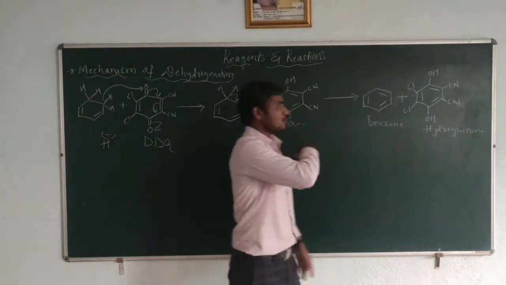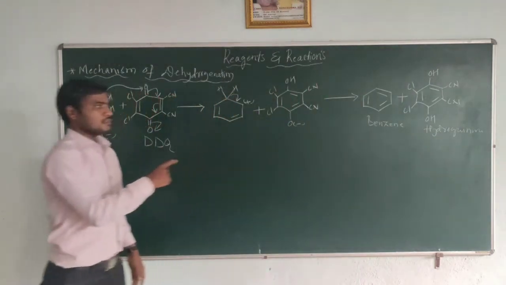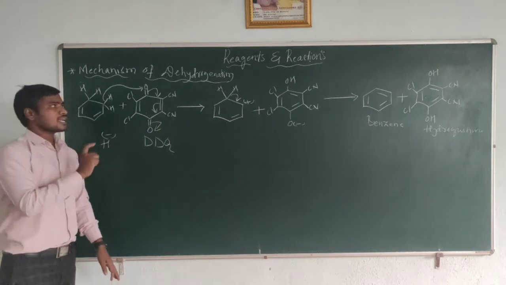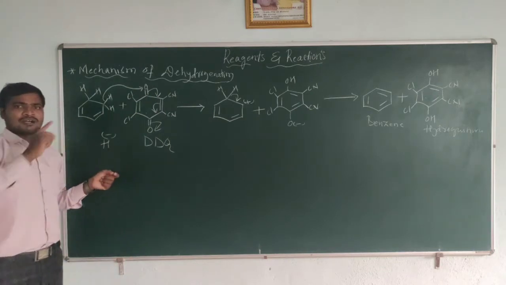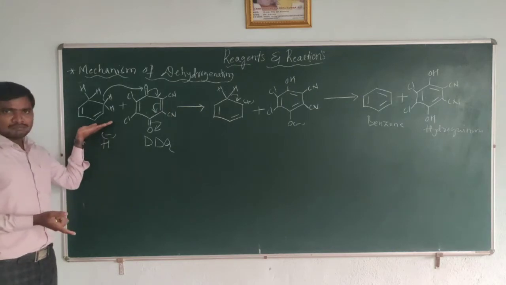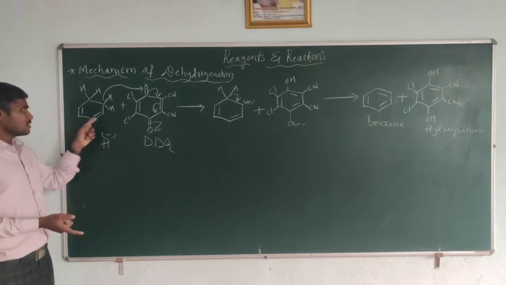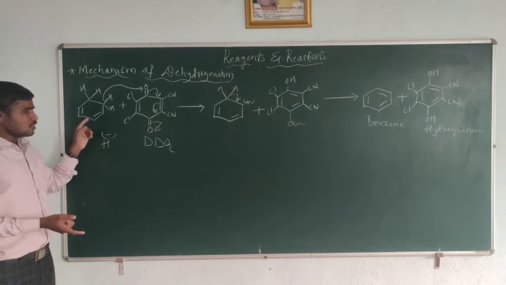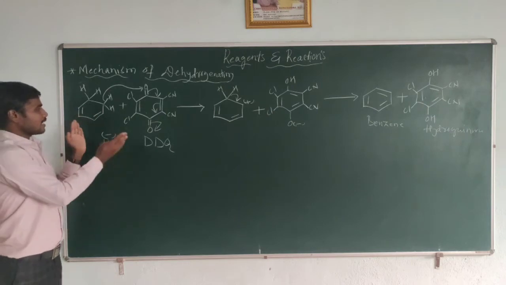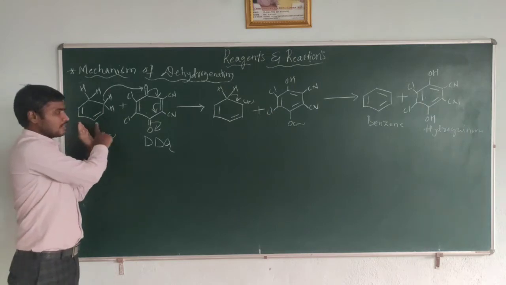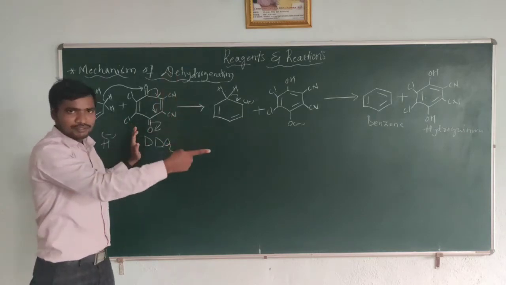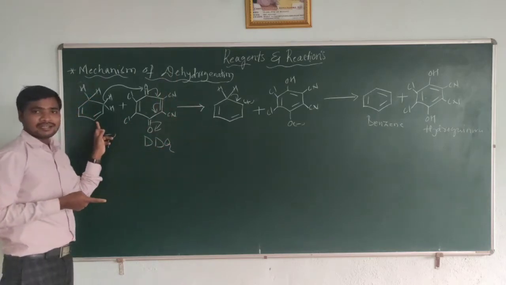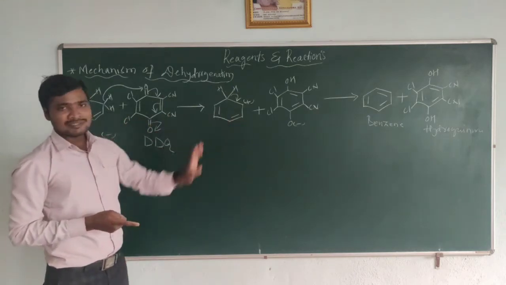This is the mechanism of dehydrogenation. Dehydrogenation is nothing but the removal of hydrogen molecule from the reactant molecule. Here the reactant molecule is cyclohexadiene. After the reaction between cyclohexadiene and DDQ, DDQ converts into hydroquinone and cyclohexadiene converts into benzene.